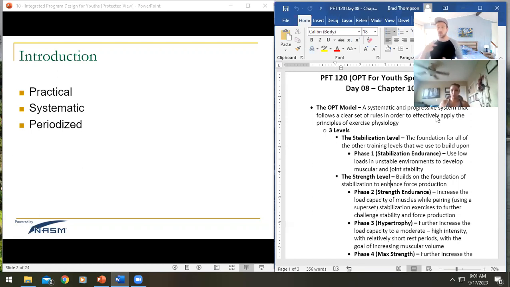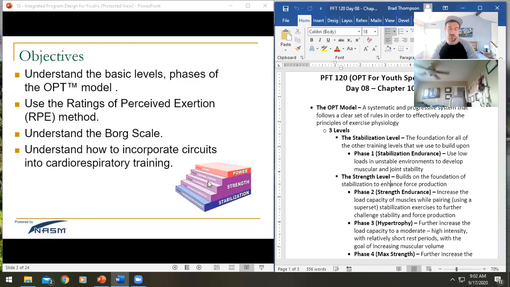When you go back through these cycles, that periodization, you pick up where you left off and continue to improve, but you never get to a place where you plateau or get an overuse injury. The OPT model does a lot of that work for you, so you don't have to think too much about it. It's a very systematic and proven method.